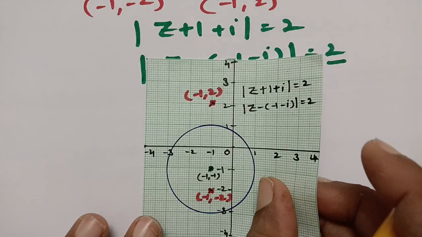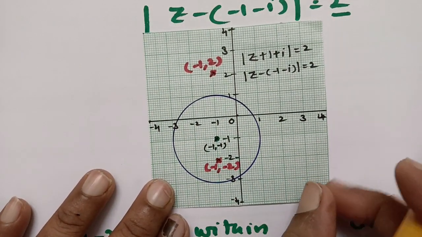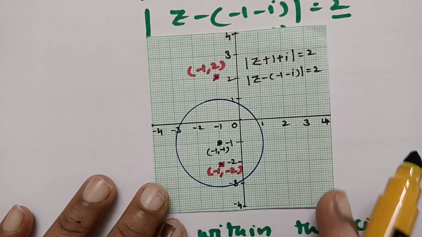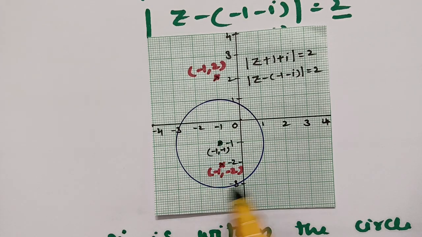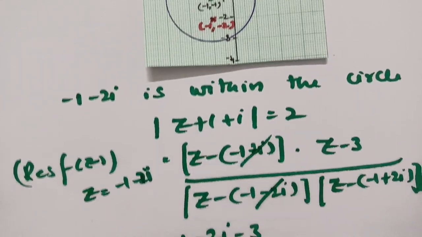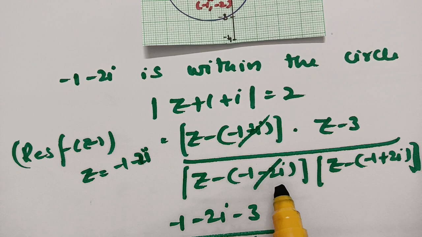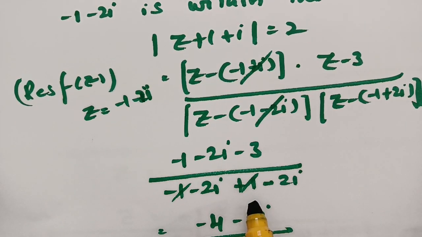So with minus 1, minus 1 as center, we have to draw a circle with 2 as radius. Therefore, the two poles are minus 1 plus 2i and minus 1 minus 2i. Minus 1 minus 2i is within the circle, and we have to calculate the pole value for this. So we have to substitute minus 1 minus 2i in the rest of the function.